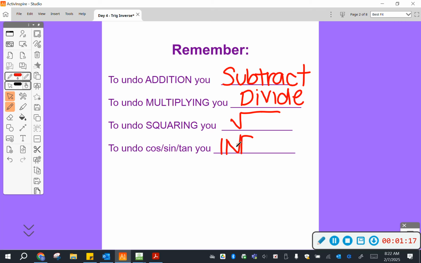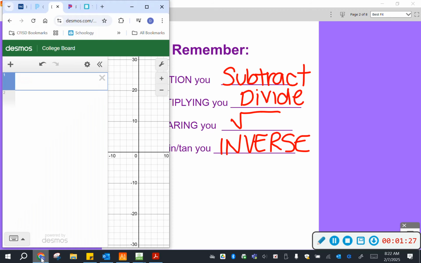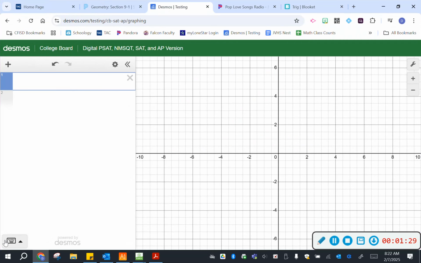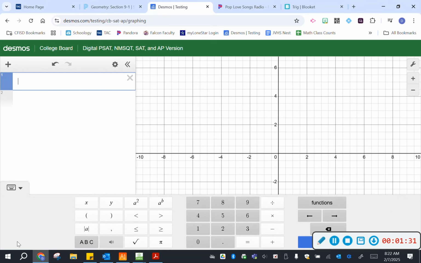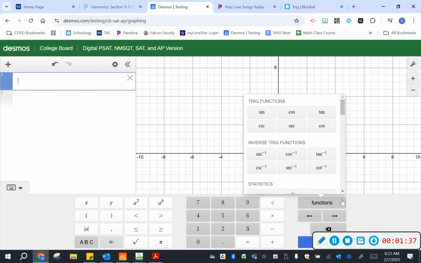We are going to do something called inverse. Can everybody say inverse? Inverse. Okay? So I want everybody to go to Desmos, and I want you to hit the little keyboard in the bottom left. Everybody do this with me. And then I want you to hit the functions button. Do you see where we have sine, cosine, and tangent?